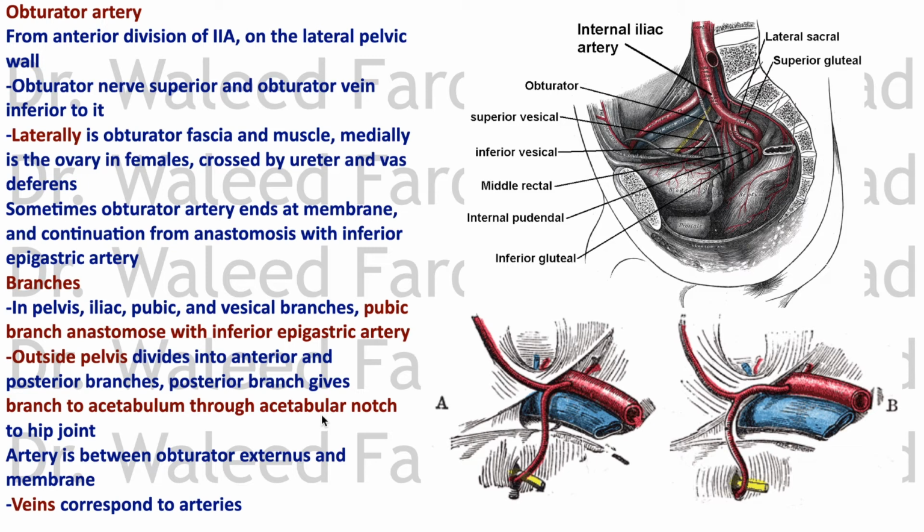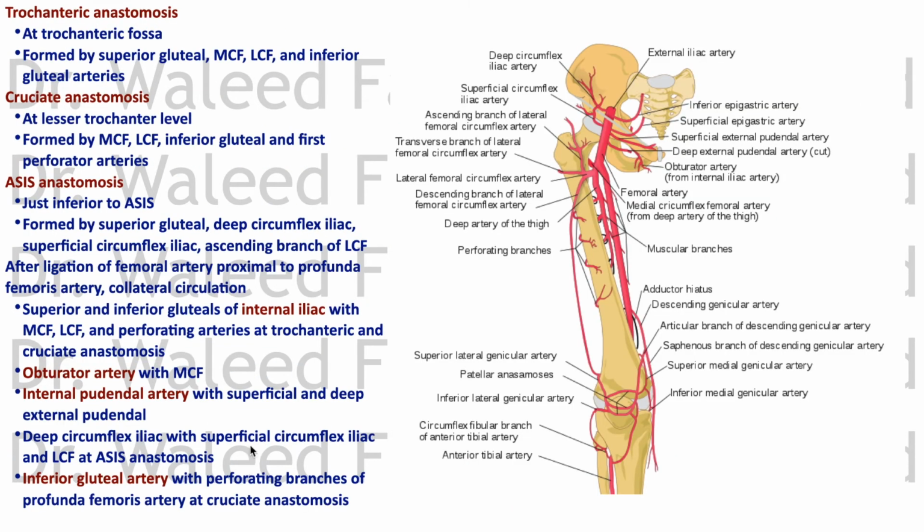This is an important supply for the hip joint. It runs between the obturator externus and the obturator membrane. The veins accompany the arteries and correspond to the arteries. So this is the obturator artery.